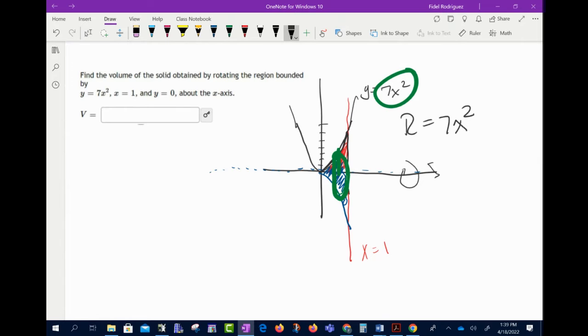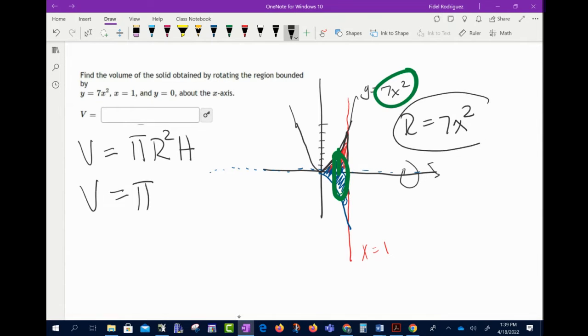Now, we're going to have a bunch of those little circles. Remember, we talked about how to find the volume of the cylinder? The volume of the cylinder, y'all, is always going to be pi r squared times h. If my r is 7x squared, wouldn't my r squared be 49x to the fourth?